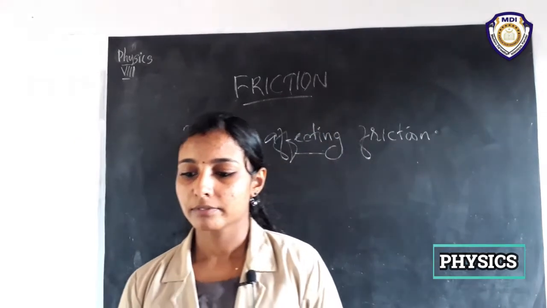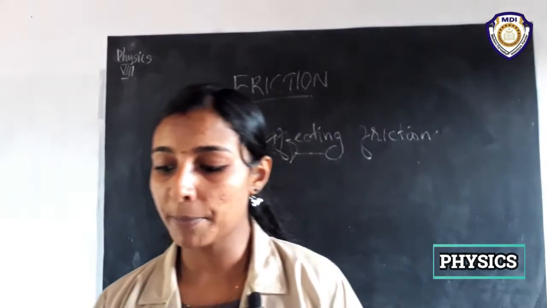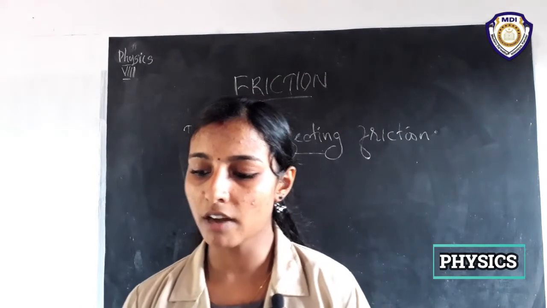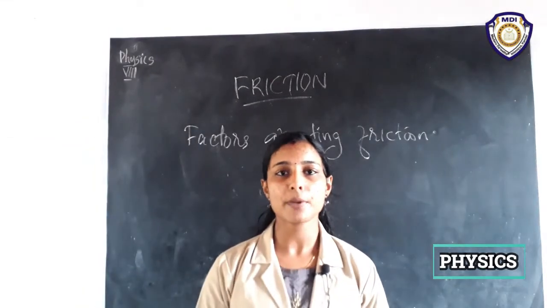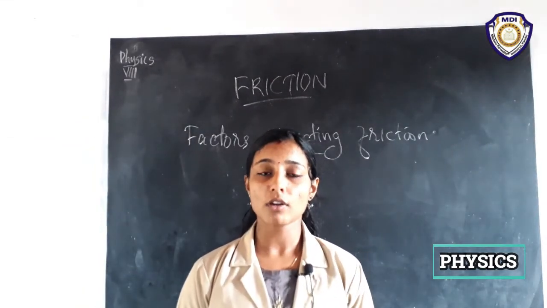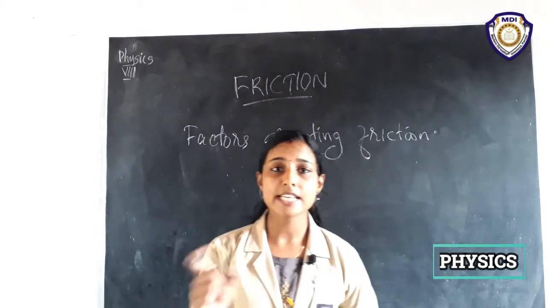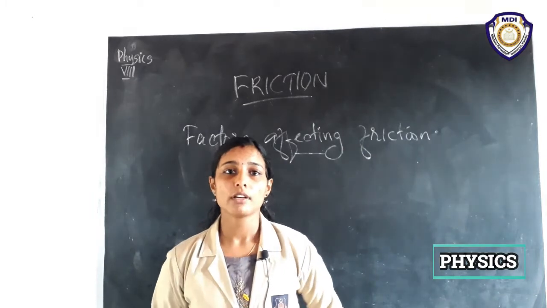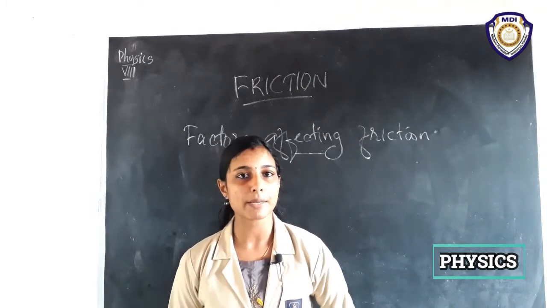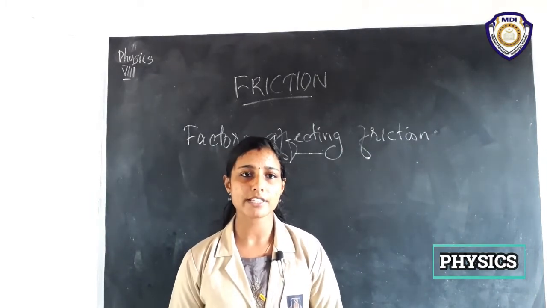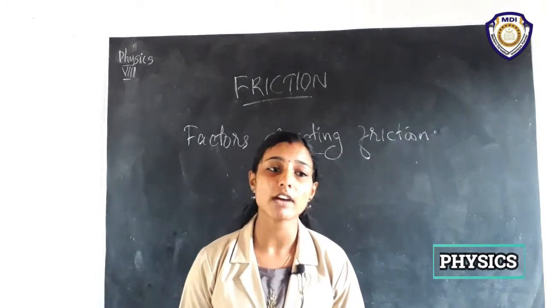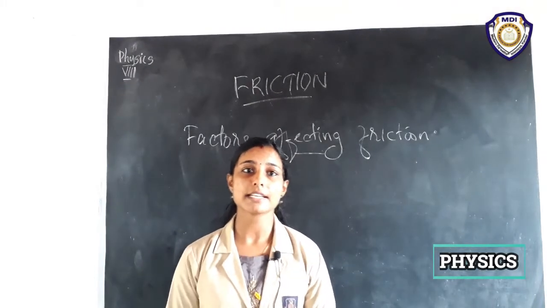After this, wrap a piece of polythene cover around the brick and repeat the activity. There may be a change in the reading given by the spring balance, right? So what will be the reason? What is the change in reading?